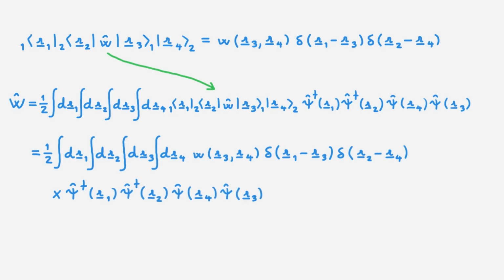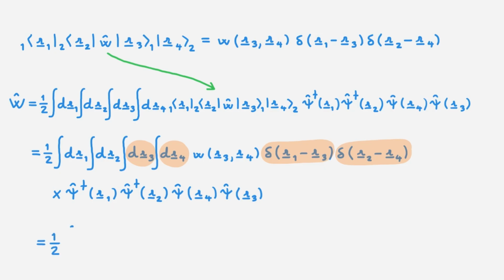We can now evaluate the integral over R3, and this Dirac delta function means that all R3 become R1. And we can also evaluate the integral over R4, and this Dirac delta function means that all R4 become R2.